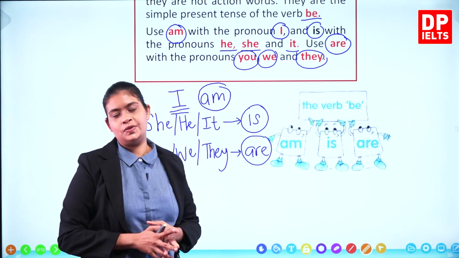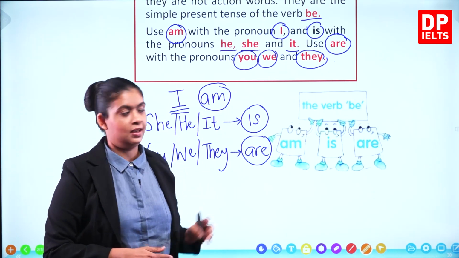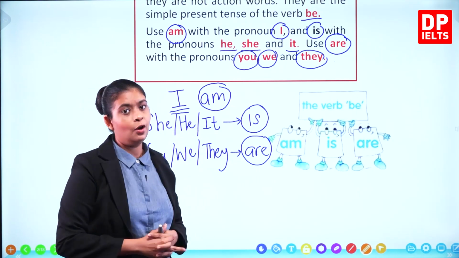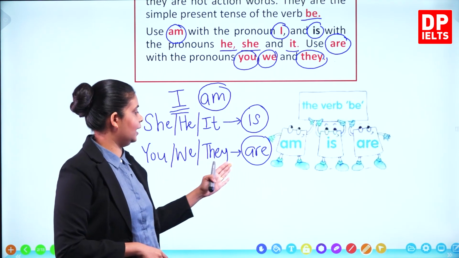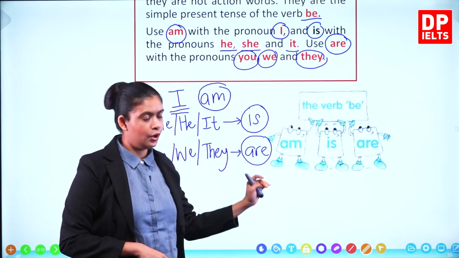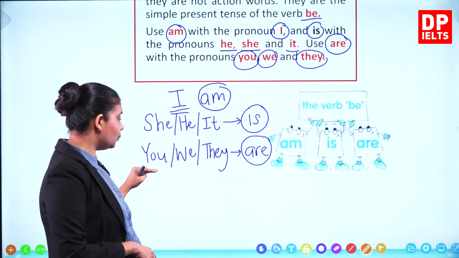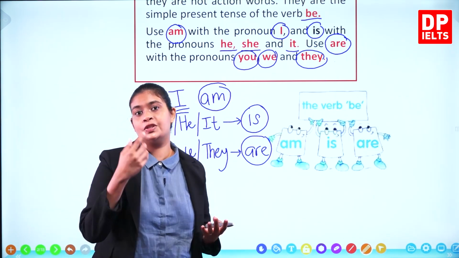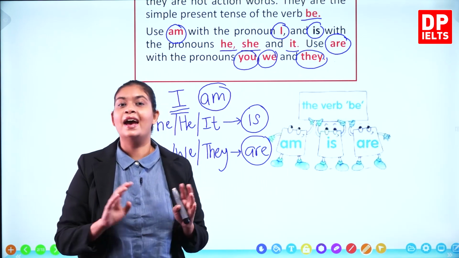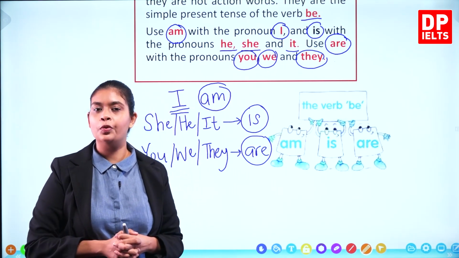Or you can use it with singular nouns. Here, these are singular pronouns. You, we, they, you can use it with are. Remember, you, even though it is like a singular, it means you, right? It acts like a plural pronoun.